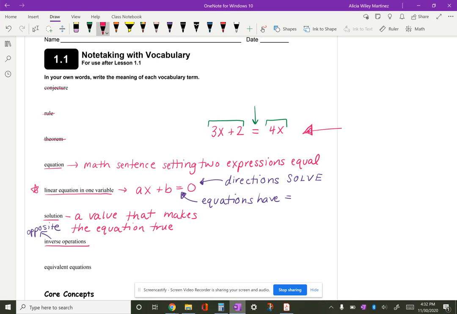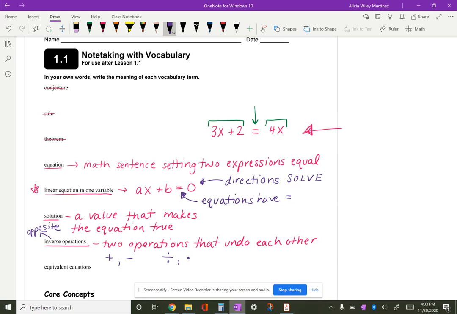Inverse operations are just two operations that undo each other. And we are familiar with some of these inverse operations, like adding and subtracting is one pair of inverse operations, and division and multiplication is another.